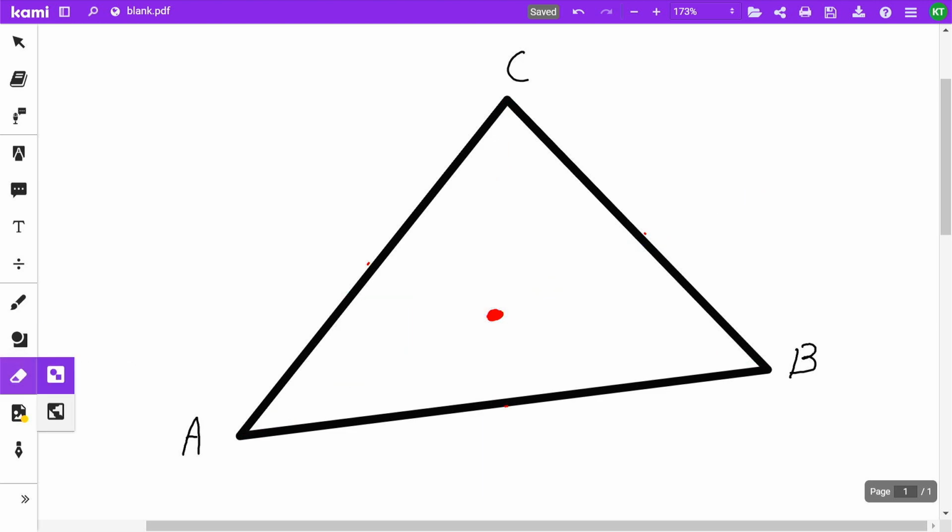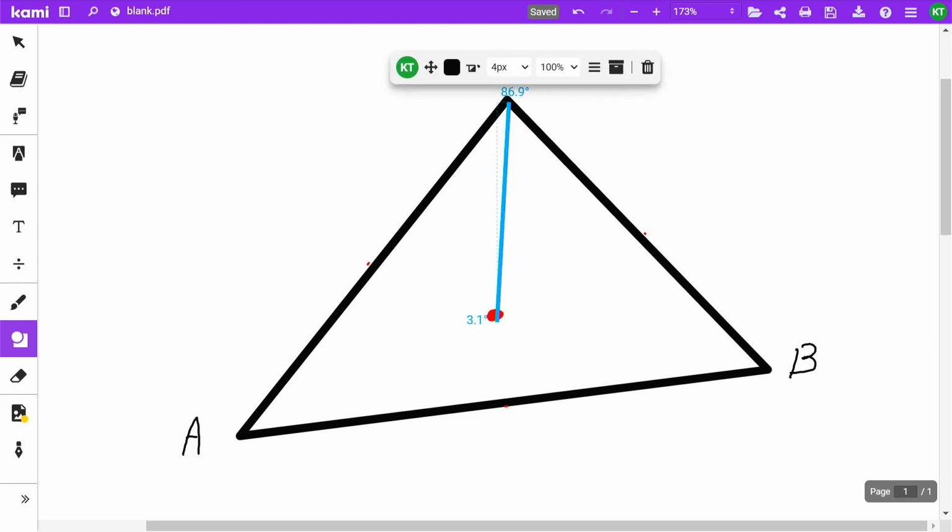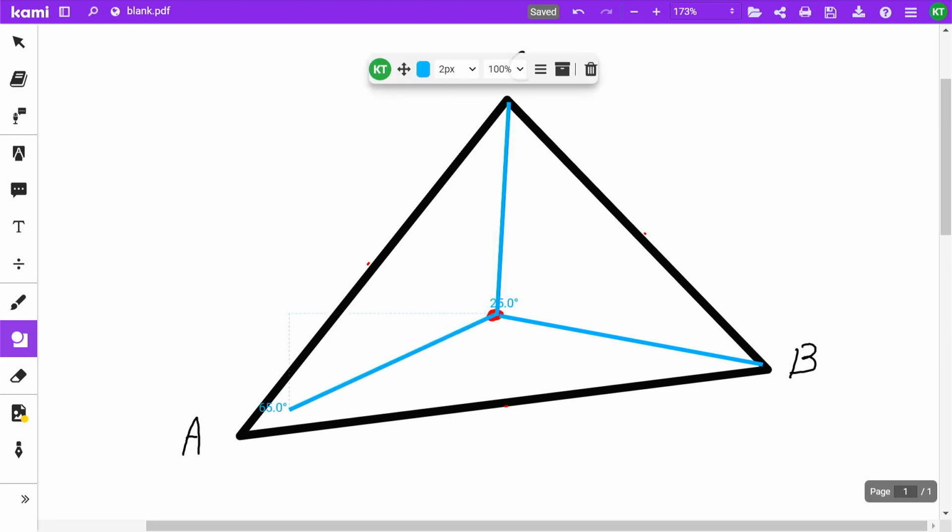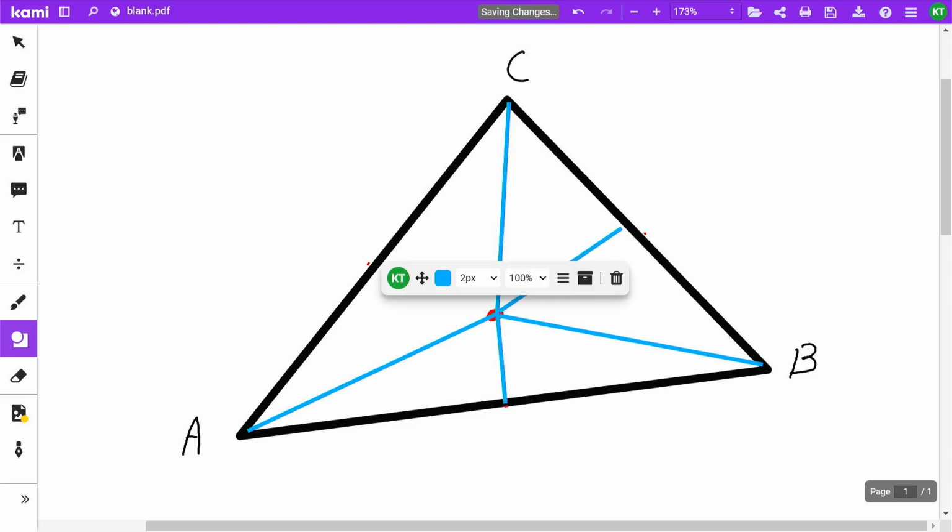Again, I'm going to erase these and then redraw my lines here. So from here to here, from here to here, and then from here to here. All right. This incenter is going to create sides that are equal from each side of our triangle to our incenter.